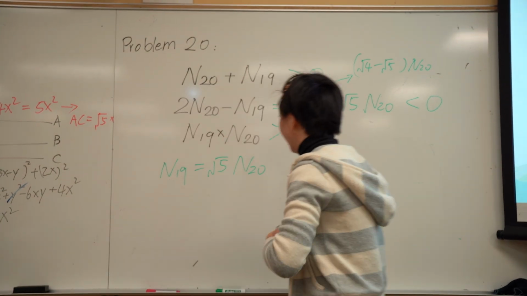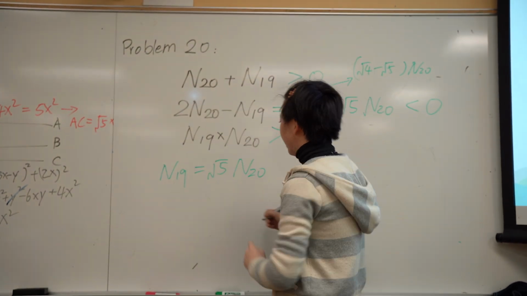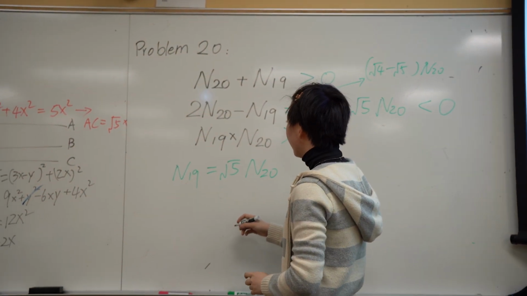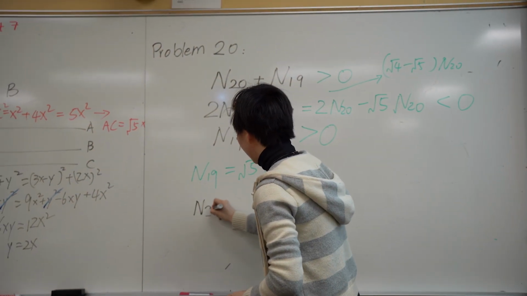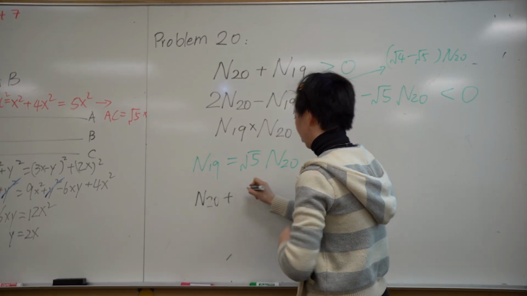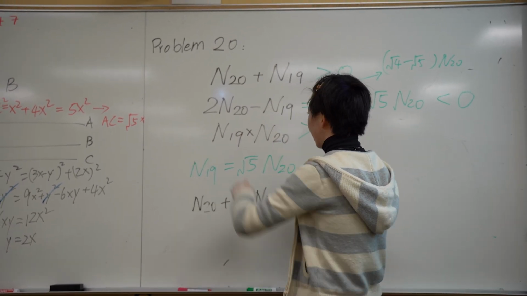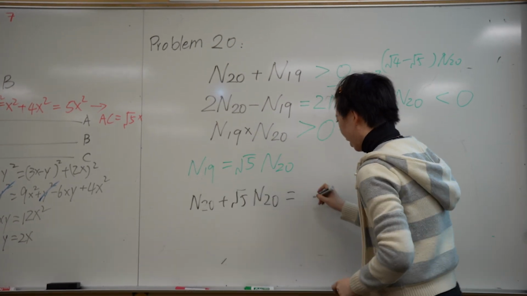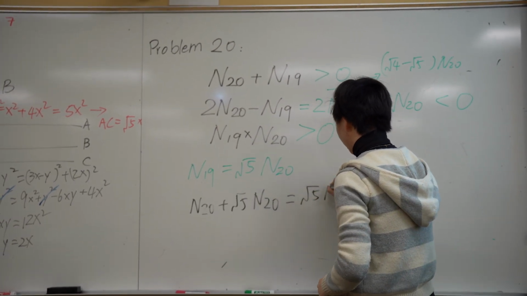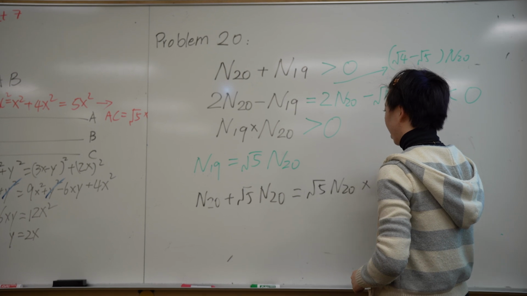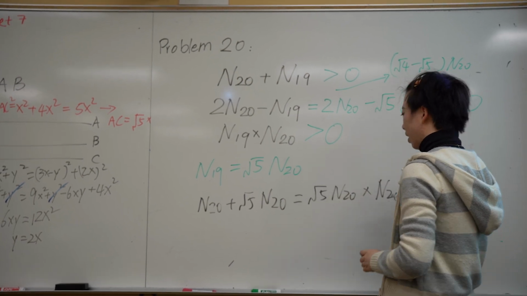Now, let's write it down. So n19 plus n20. We have n20 plus n19 is equal to square root of 5 n20. That's going to be equal to this expression, which is square root of 5 n20 times n20. Cool.